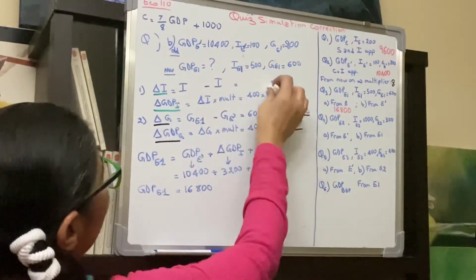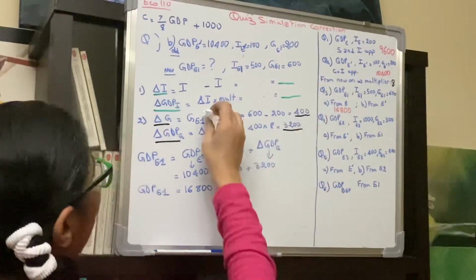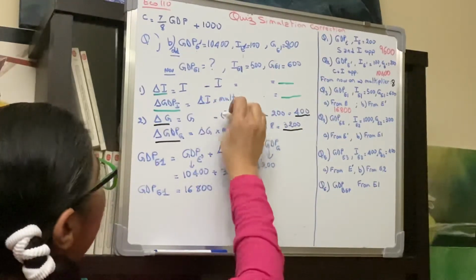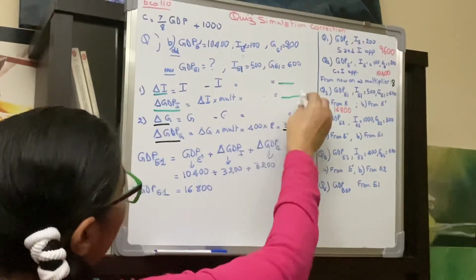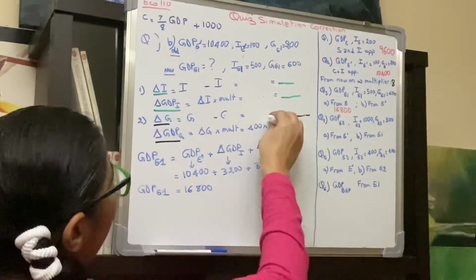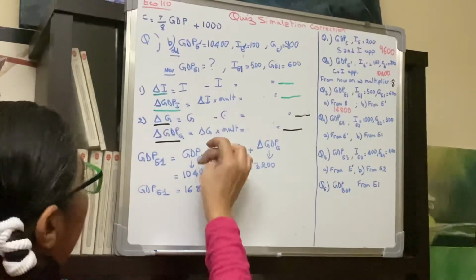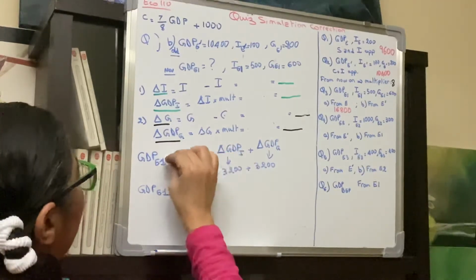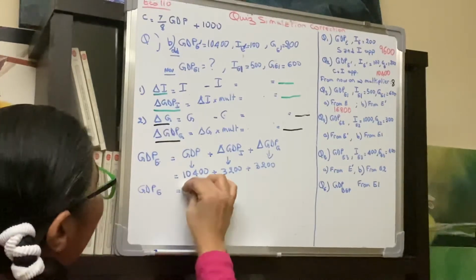Okay, in this one I only delete the numbers. In this one I delete the indexes. Sorry. The indexes. The numbers.